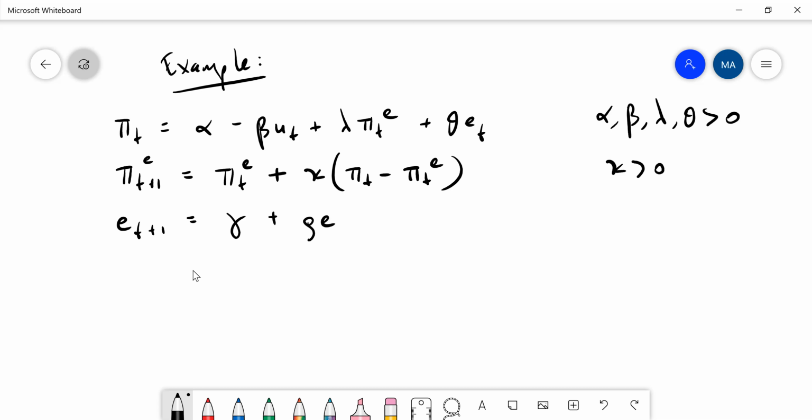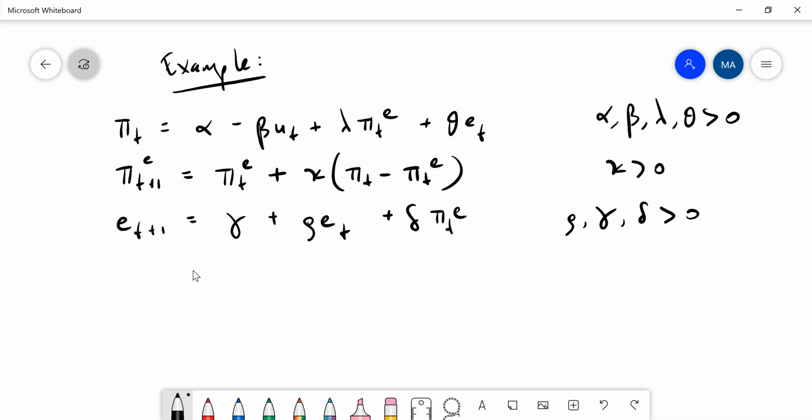So the evolution of the exchange rate, or the depreciation of the exchange rate, again not a big deal, has this setup. Once again, all parameters are positive: gamma, delta, rho. So what's going on here?